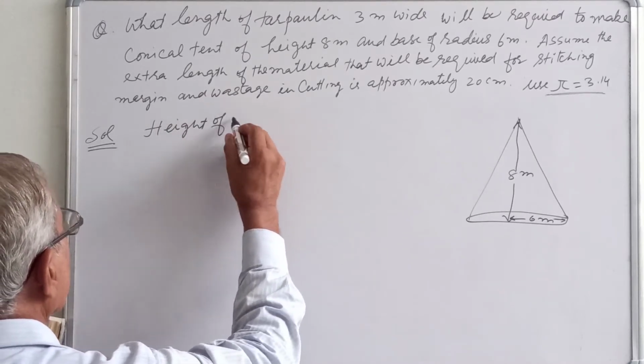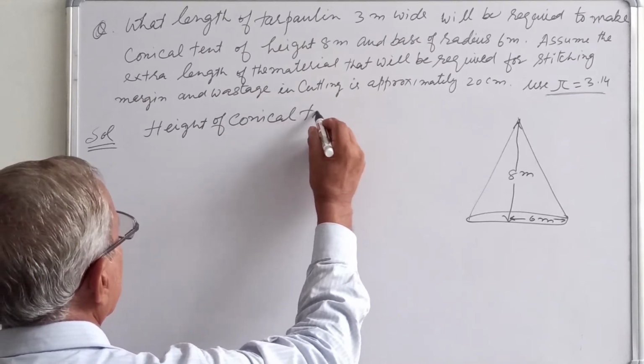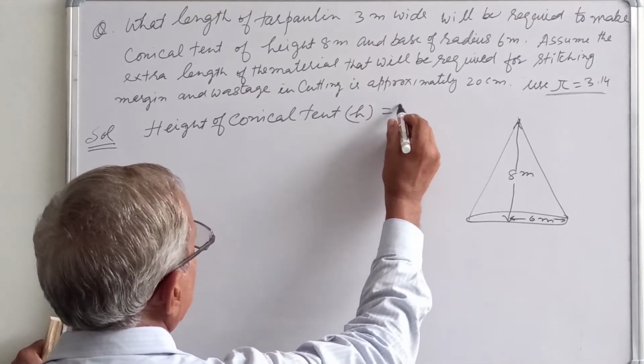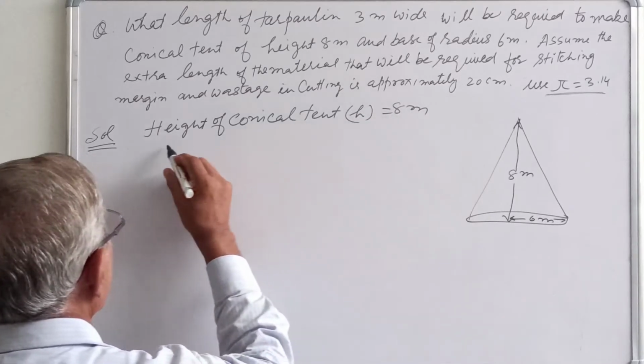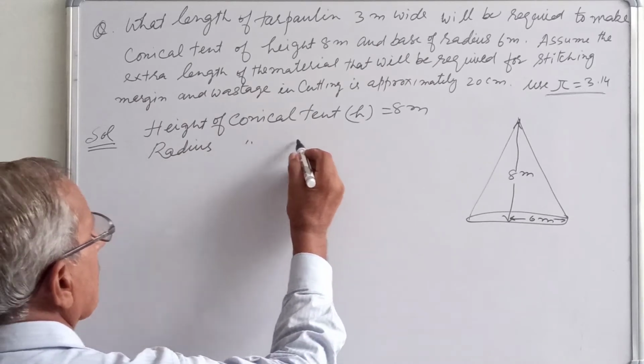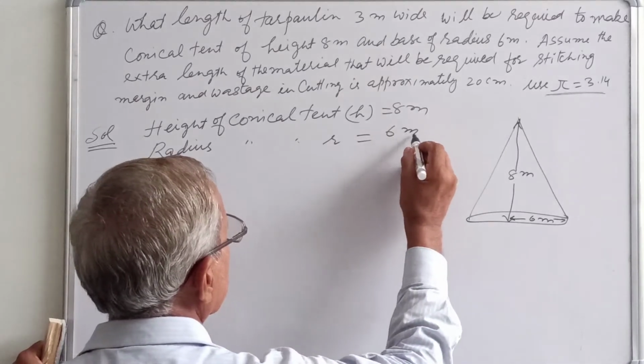Height of conical tent is 8 meter, radius r is 6 meter.